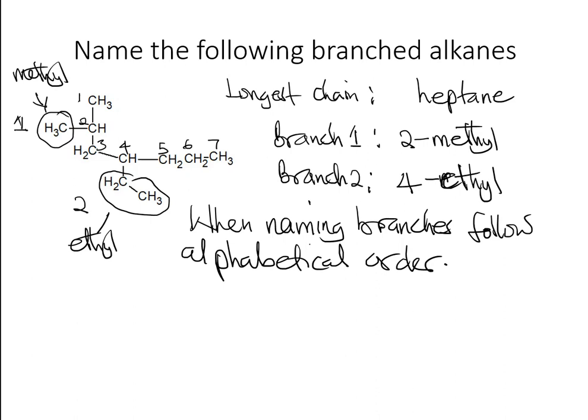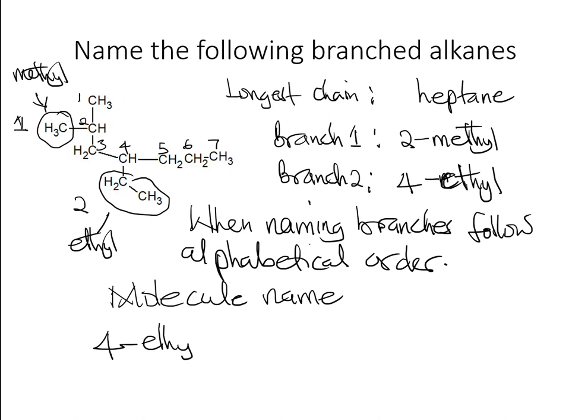So in this case, I am going to name the molecule. The name of this molecule is 4-ethyl, because alphabetically we start with E before we go to M. So it will be 4-ethyl from this branch, then dash 2-methyl, that is coming from this branch, and then heptane.